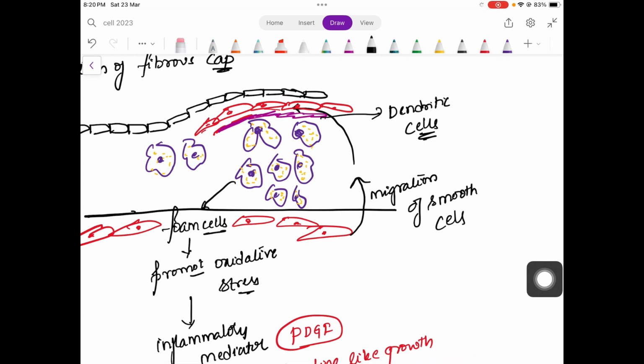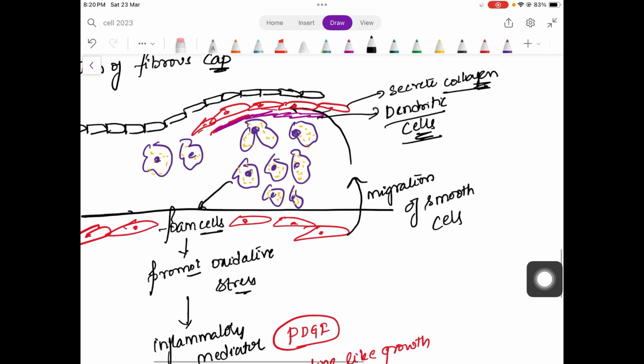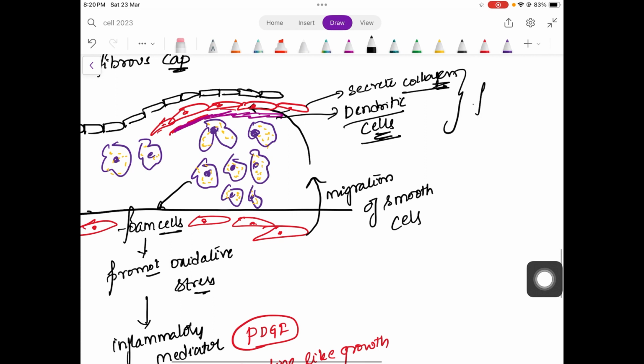These smooth muscle cells will secrete collagen, and the dendritic cells, smooth muscle cells, and collagen will form a fibrous cap.